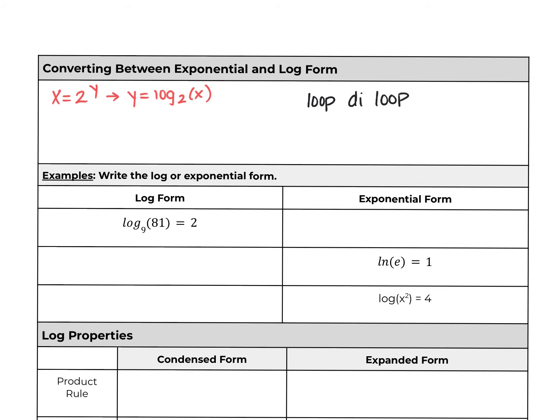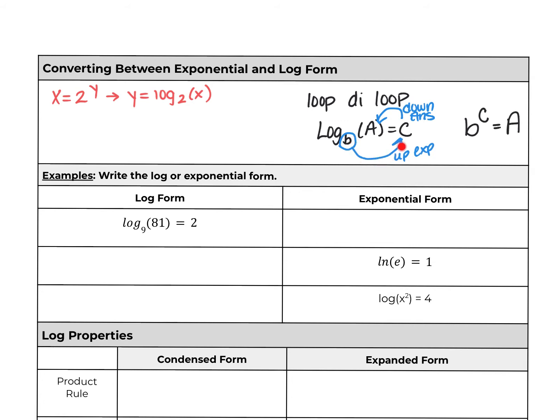So let's just say I have log base b of a equals c. I can change from the loop: I'll start at the base, jump up to the exponent, come back down to the answer. So this means to go up to the exponent, and this means to come back down to the answer. So this is equivalent to: start at the base, b to the c power equals a.